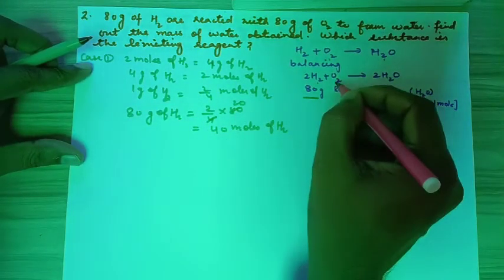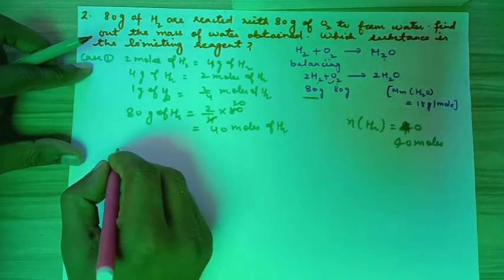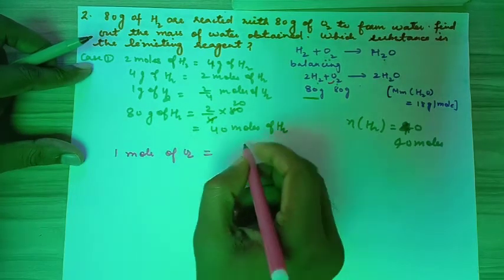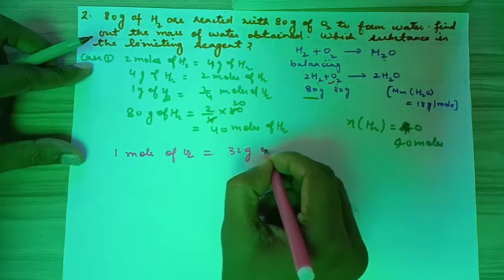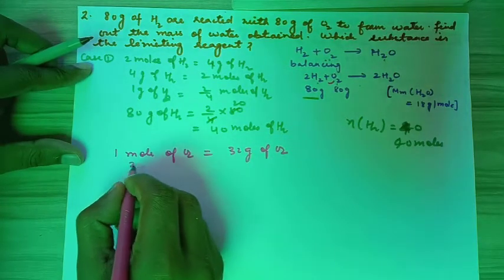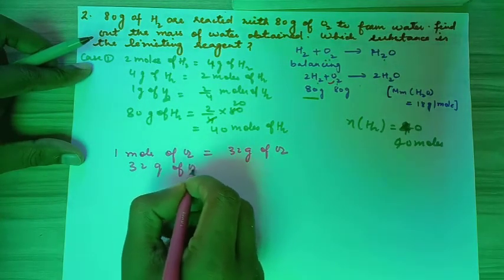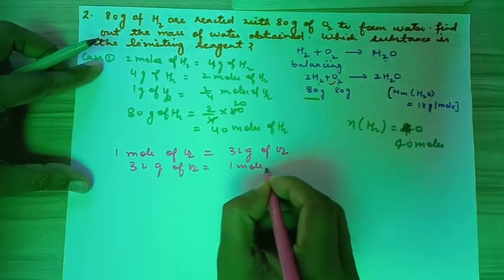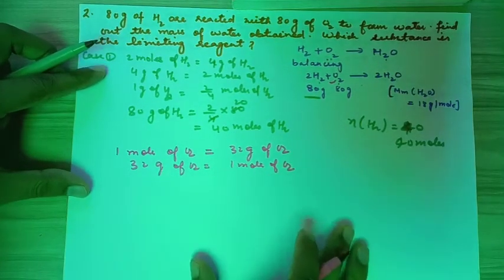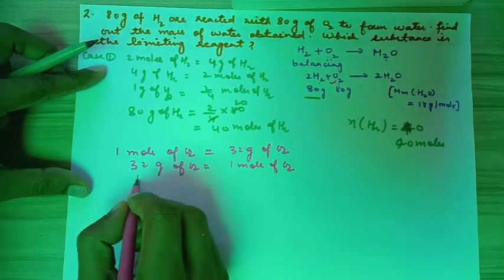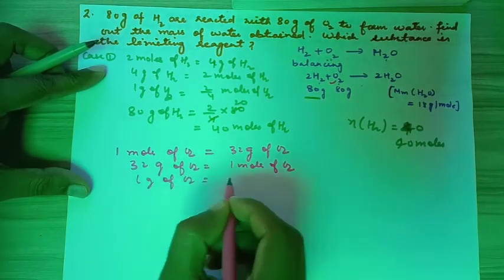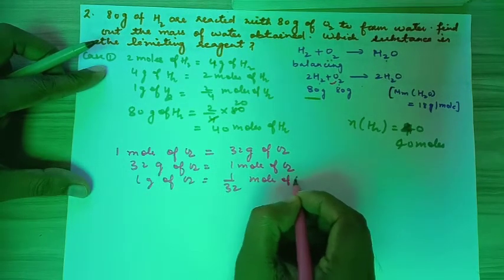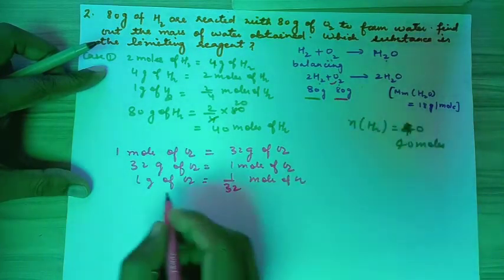Now for part 2, that is for O2, we see here that 1 mole of O2 will give us 32 gram of O2. So in reverse order, 32 gram of O2 will give us 1 mole of O2. So 1 gram of O2 will give us 1 by 32 moles of O2. So we have to obtain from 80 gram.